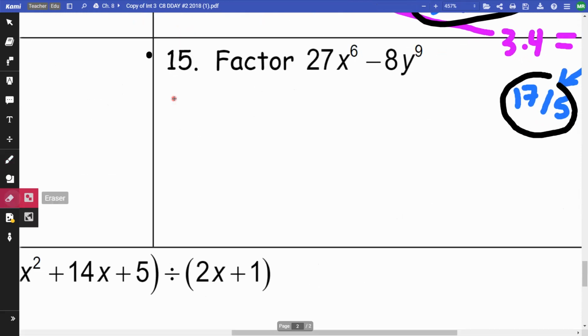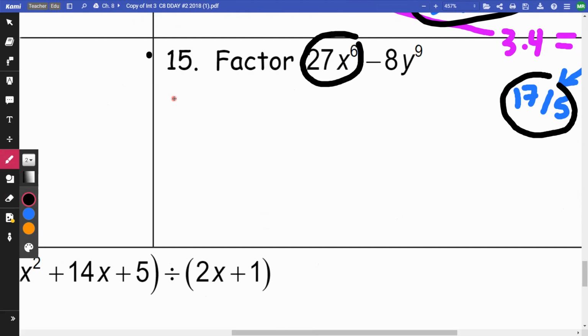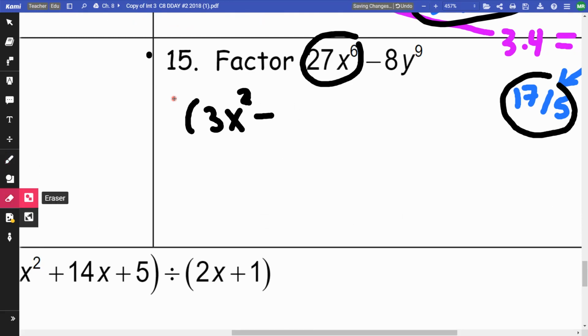On 15, this one is going to be a difference of 2 cubes. So when I'm looking at the cube root of this, that's going to be a 3. And when I want the cube root of x to the 6, I divide the power 6 by 3, which is x squared. Minus, for the 8, it's going to be a 2.